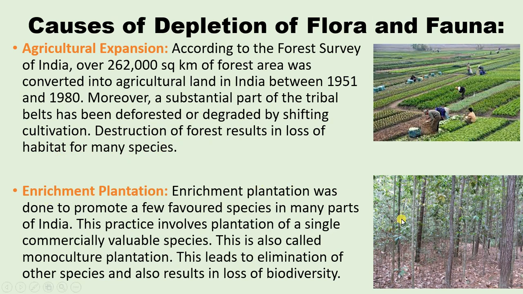Enrichment plantation was done to promote a few favored species in many parts of India, and this practice involves plantation of a single commercially valuable species, where we find such straight and thick stem trees which can be used for economic purposes.